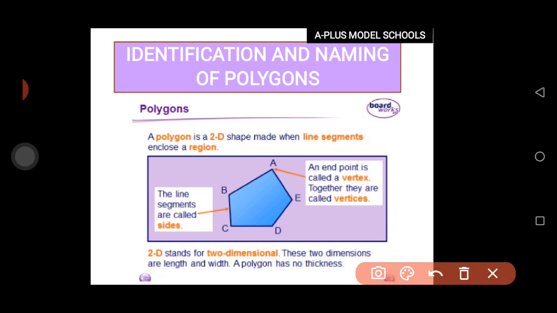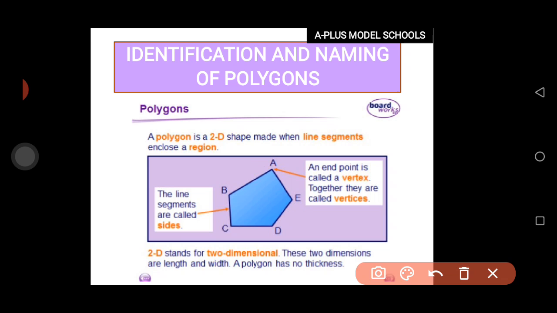But when you look at where A is, or where B is, you will see there is a point pointing out. So an end point is called a vertex. That is where two lines are meeting. Where two lines are meeting is what we call a vertex. But when more than two lines are meeting at a particular point, it is now plural, which is vertices.